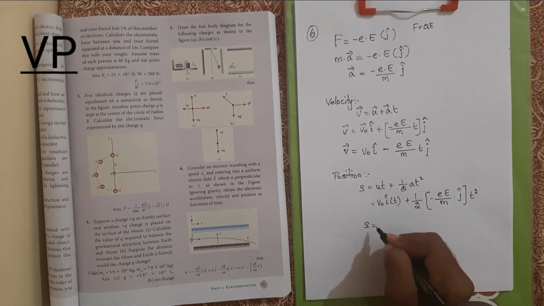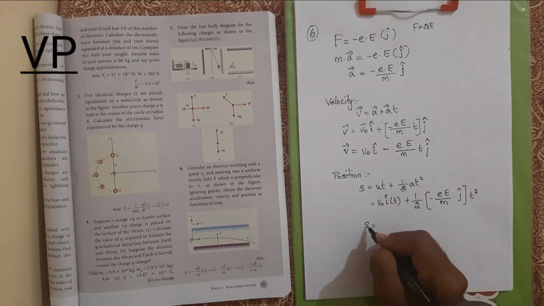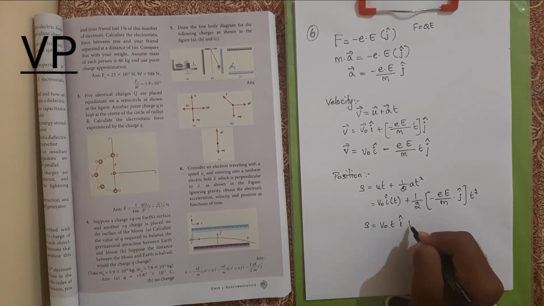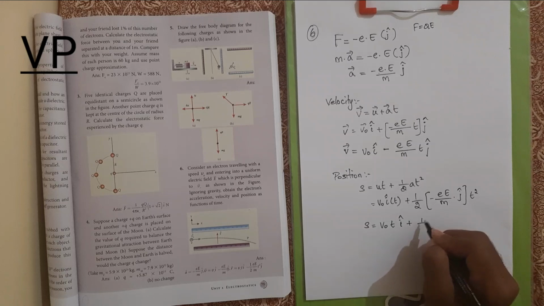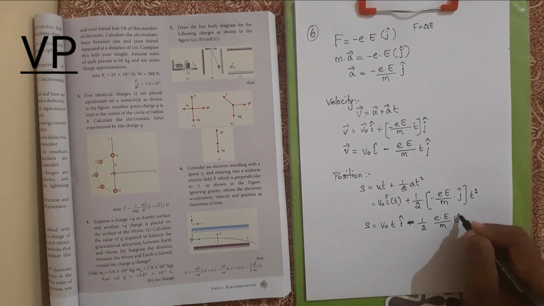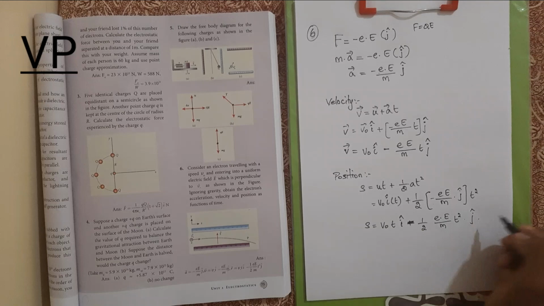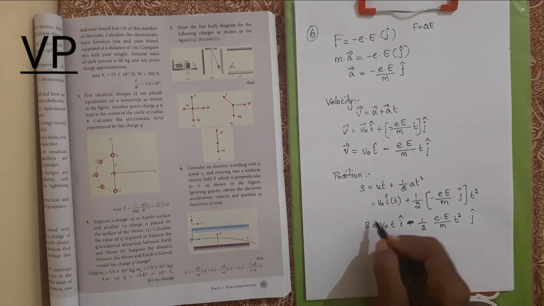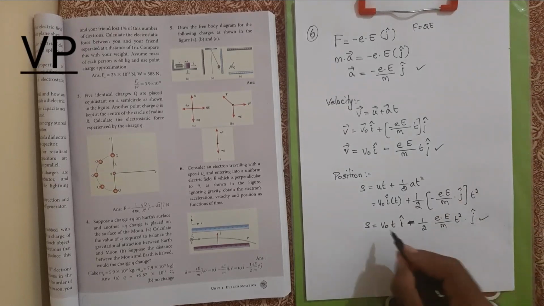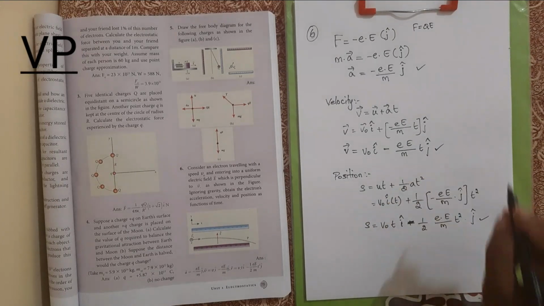So the position s is equal to v naught t i cap, plus, so plus into minus is minus, minus 1 by 2 small e into capital E divided by m t square along the j cap direction. So this is the position. So we have found the acceleration, velocity and position as a function of time.